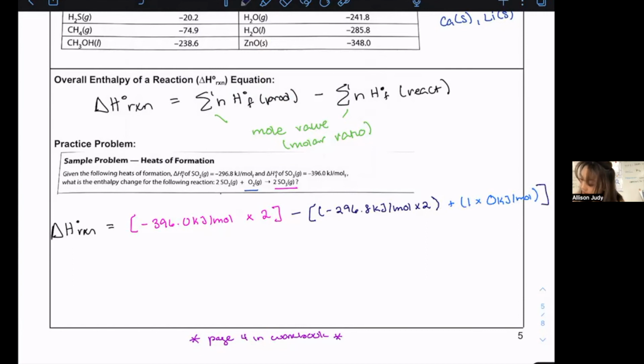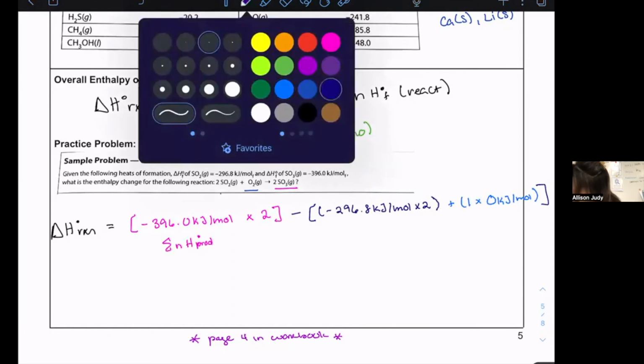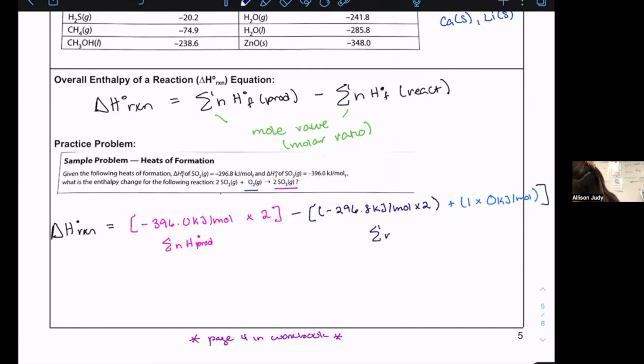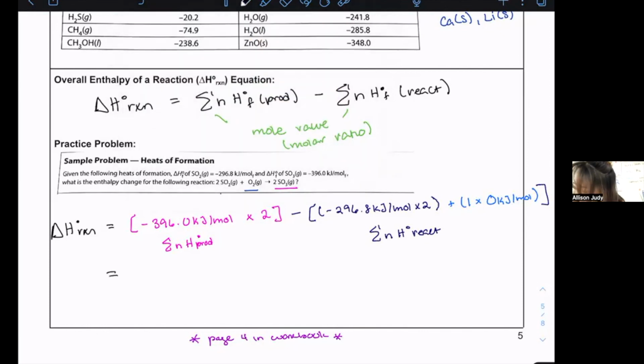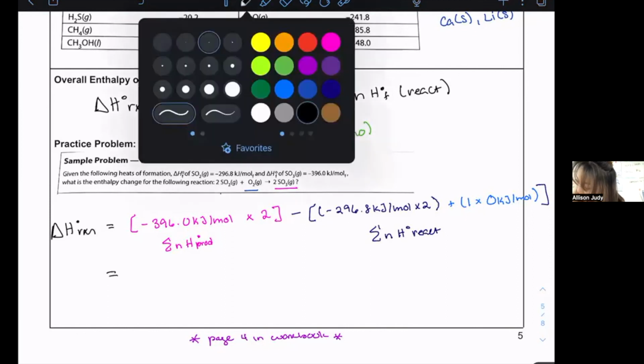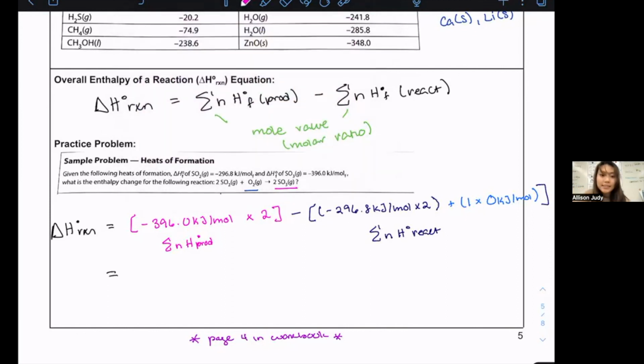And I get that this is my sum of enthalpy of products, and this is my sum of enthalpy of reactants. Following math rules of order, when I add all of this up, I get negative 396 times 2, which is, what's the math? Negative 396 times, oh man, mental math.